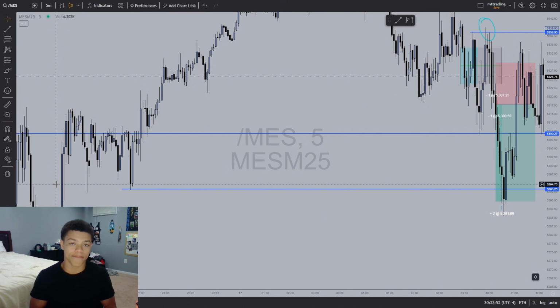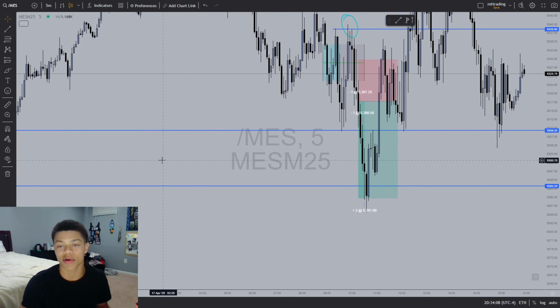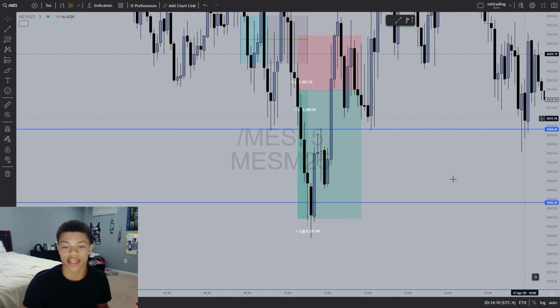This creates sell stops, sell side liquidity, whatever you want to call it. But this is a nice level that we can see market drawing to. So we mark that out as our take profit, and it hit exactly TP and then retraced.